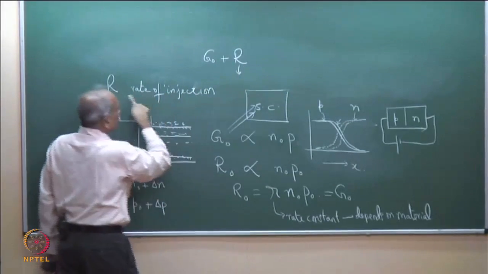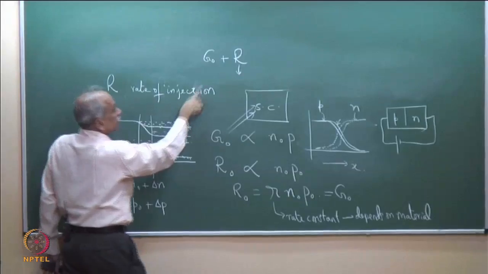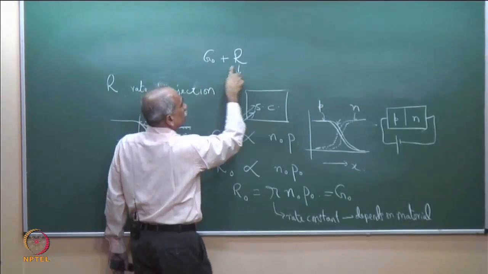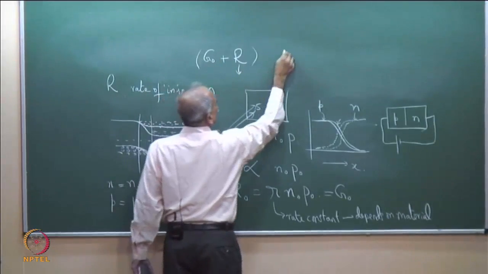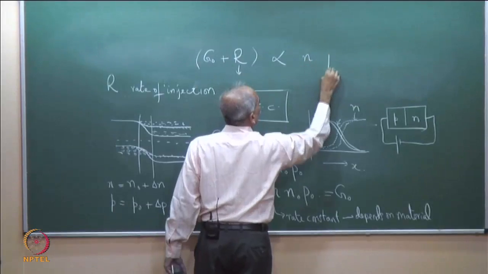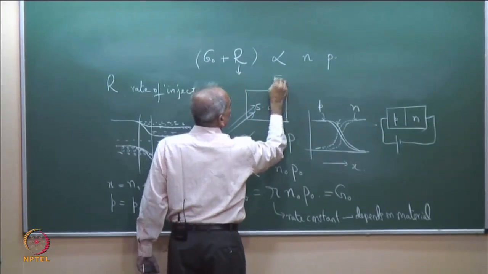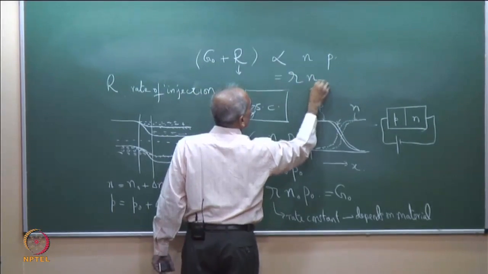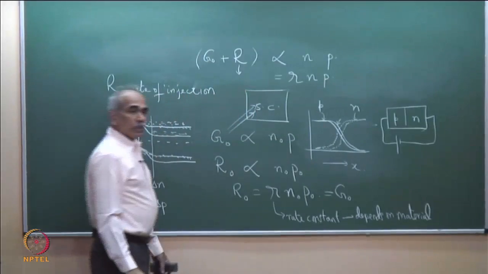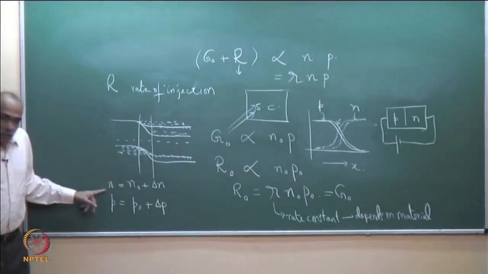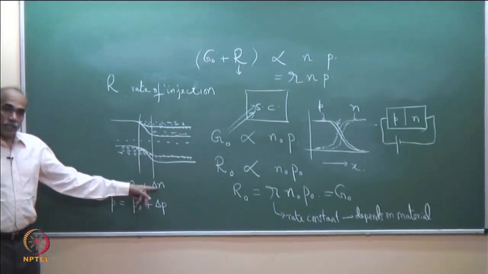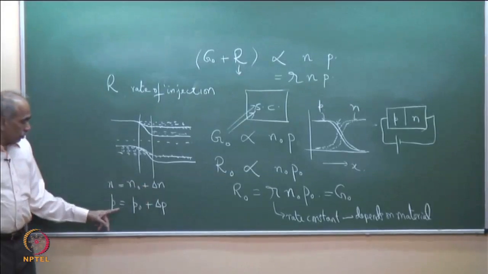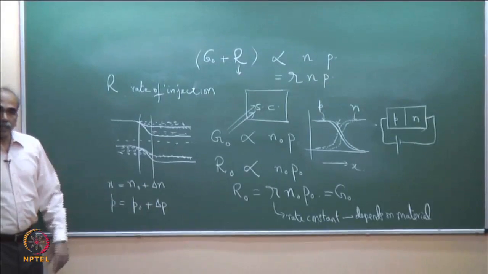R is the rate of injection of carriers. Therefore, G0 plus R is proportional to N into P, or this is equal to the rate constant into N into P. What is N? N is N0 plus delta N, excess carrier concentration. P is P0 plus delta P.